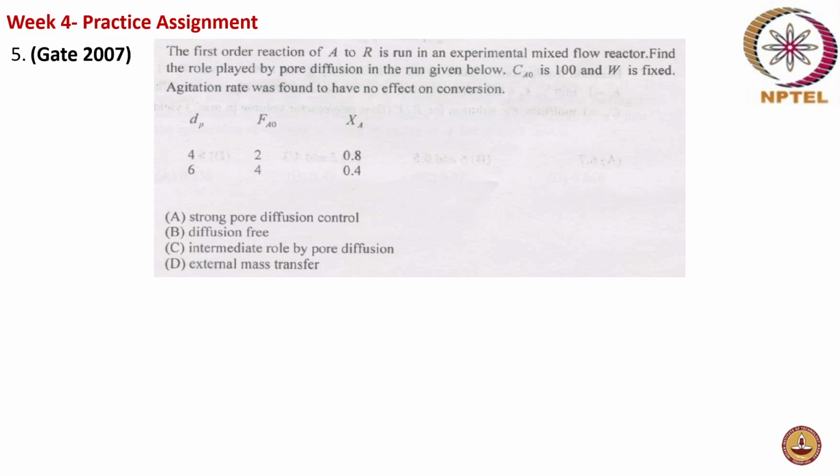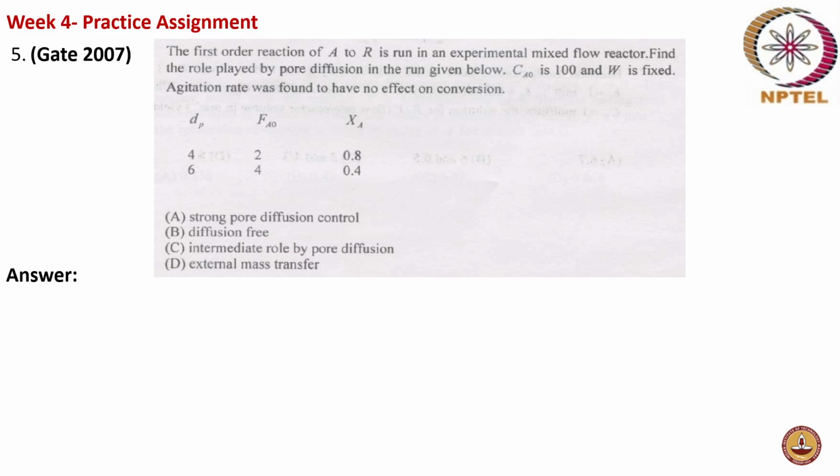In the second case, your diameter is 6, whereas your Fa0 is 4 and your conversion is 0.4. So they have asked whether in this scenario, is it a pore diffusion control, or is it diffusion free, or is it intermediate role by pore diffusion, or is it external mass transfer that is controlling the reaction.